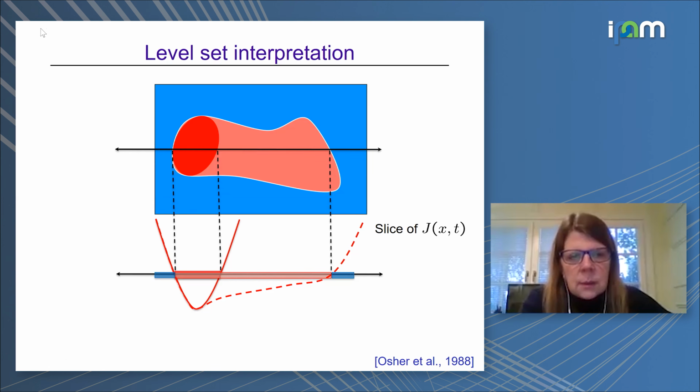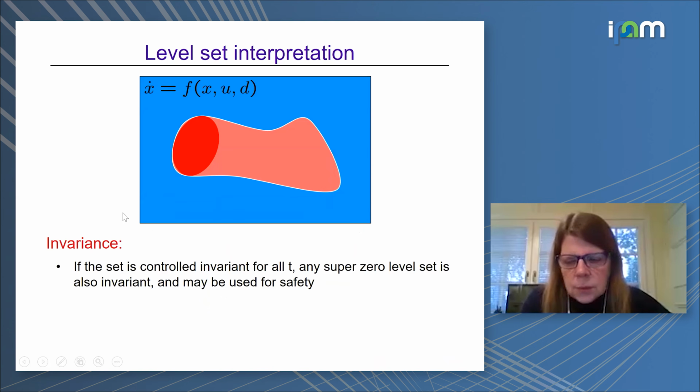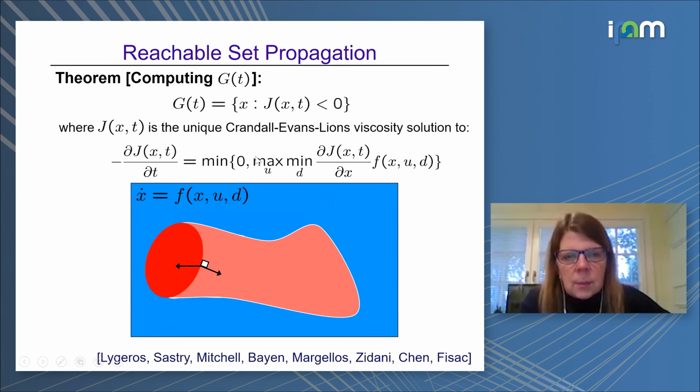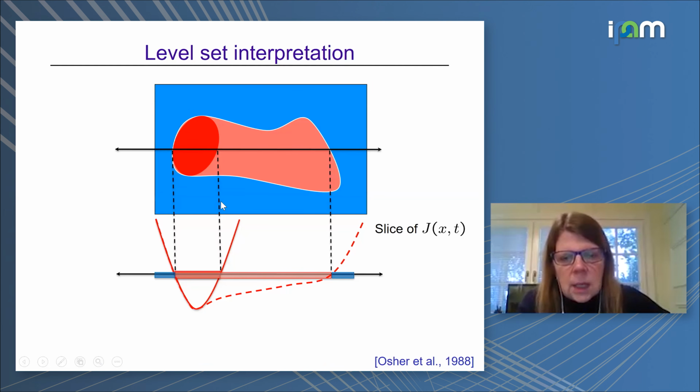This function here represents a side view or a slice of the function J of x,t at t equal to 0. When you solve this Hamilton-Jacobi equation over time, given that initial data, under the dynamics of the system using the best control and worst disturbance, that function is going to change over time.